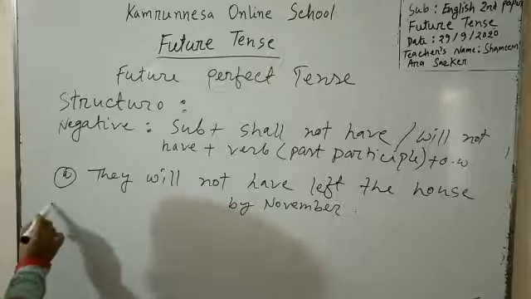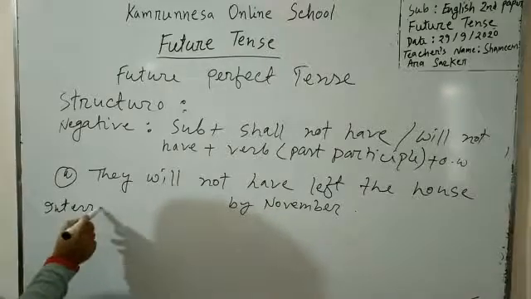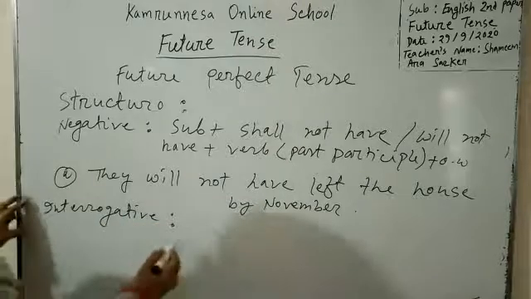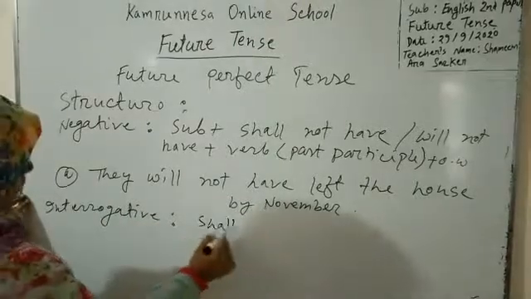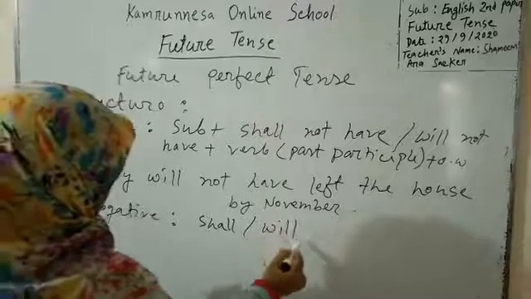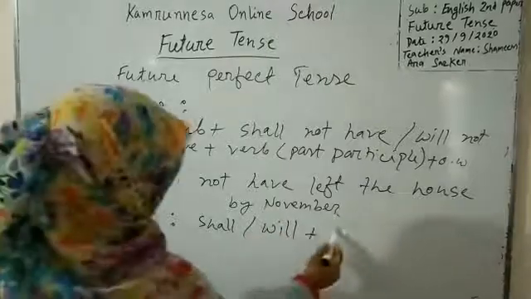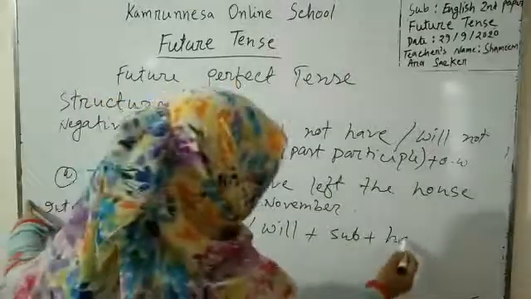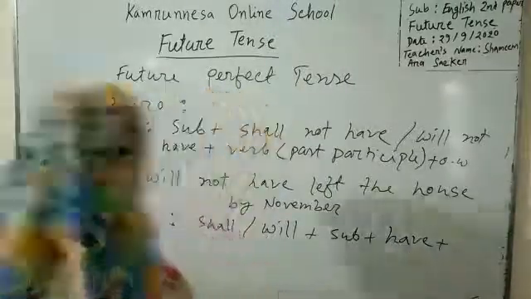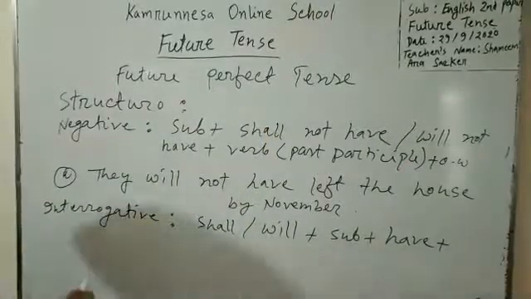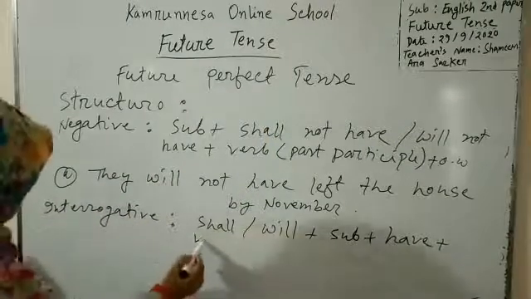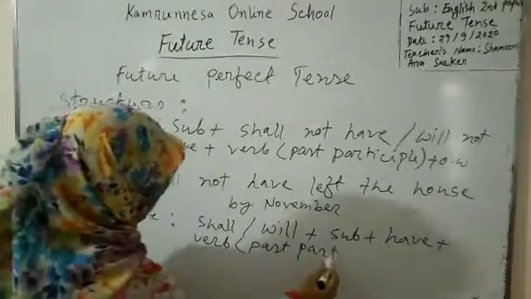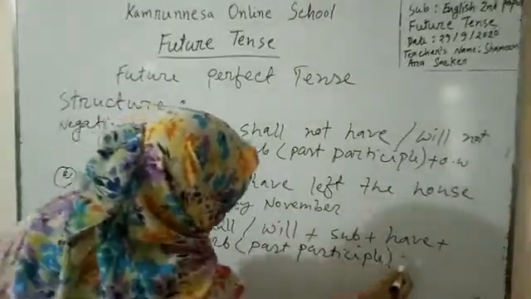Now come to the interrogative. Shall or will plus subject plus have plus verb in past participle form plus other word.